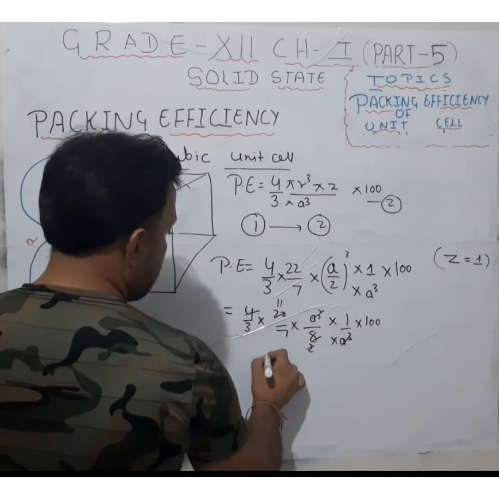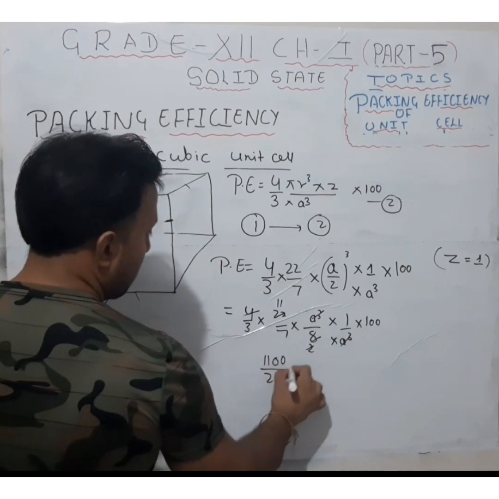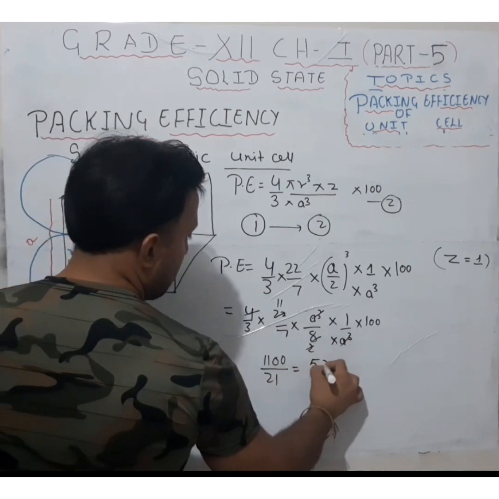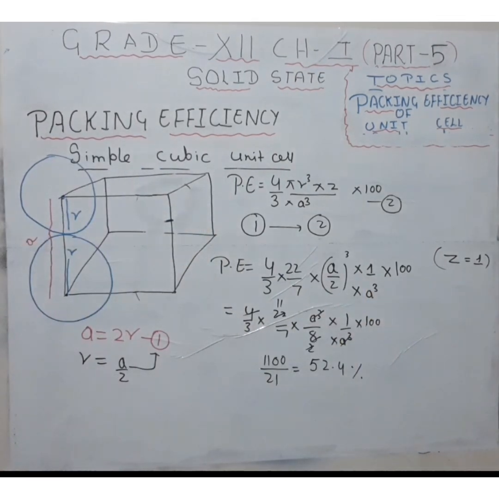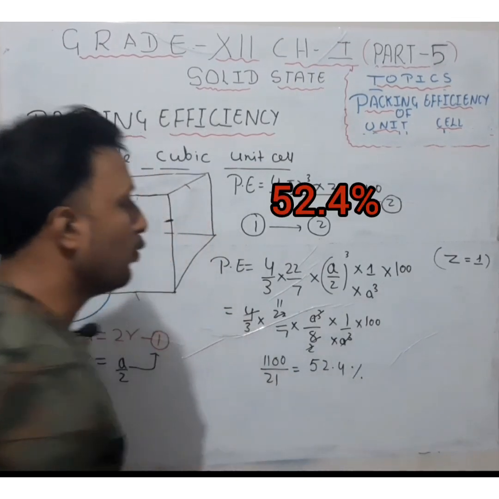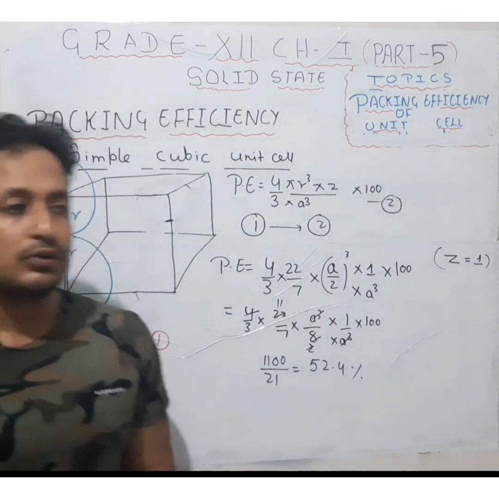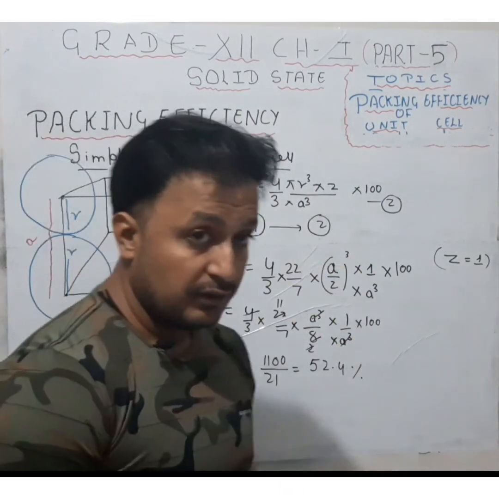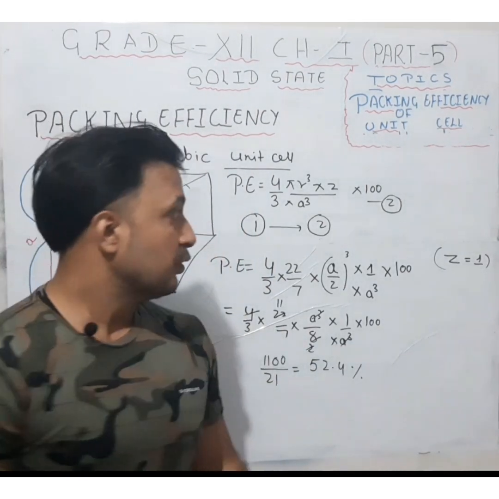Then finally we get 1100 divided by 21. So approximately the packing fraction of the simple cubic unit cell comes to 52.4%. What is the value coming? 52.4%. So that is how we calculate the packing efficiency of the simple cubic unit cell, and it comes to 52.4%.